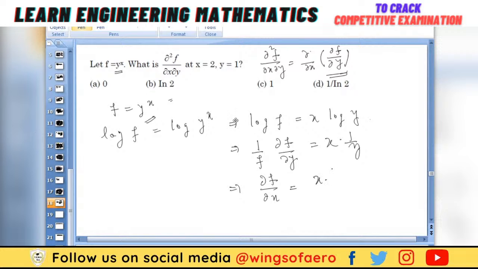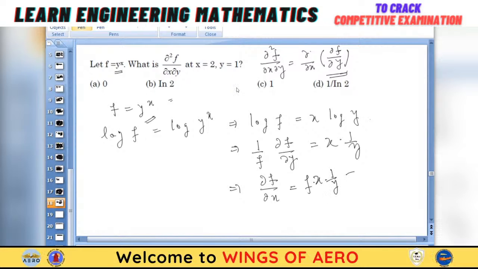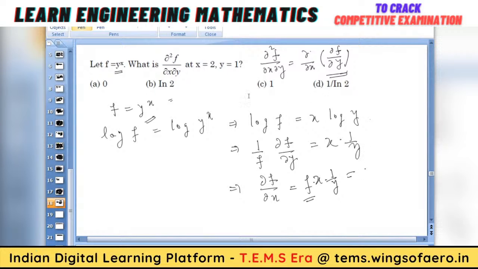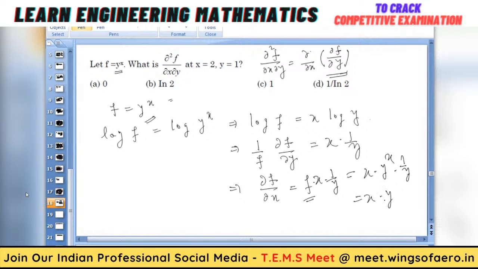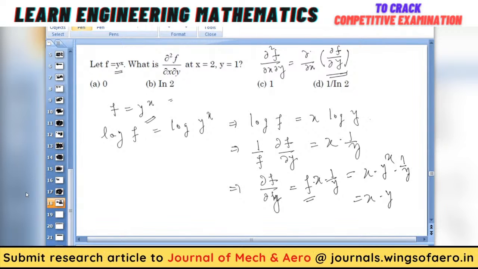So x into f into 1 by y, which is x into y to the power x into 1 by y. So it is y to the power x minus 1.